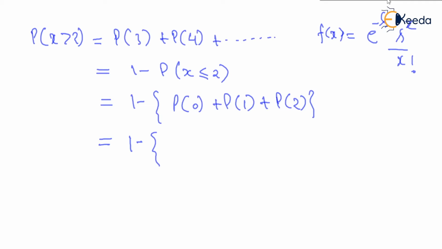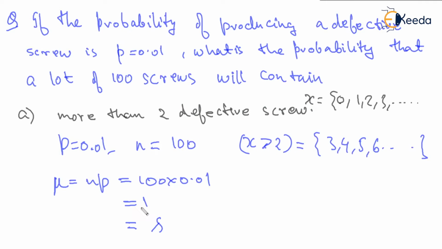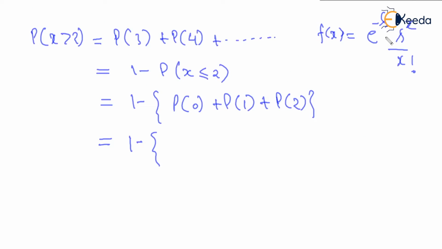So what is the value of lambda here? Lambda is 1, and we will have e to the power minus lambda, a constant in all the expressions. So I'm taking this common and we can write 1 to the power 0 by 0 factorial, 1 to the power of 1 by 1 factorial and 1 to the power of 2 by 2 factorial.